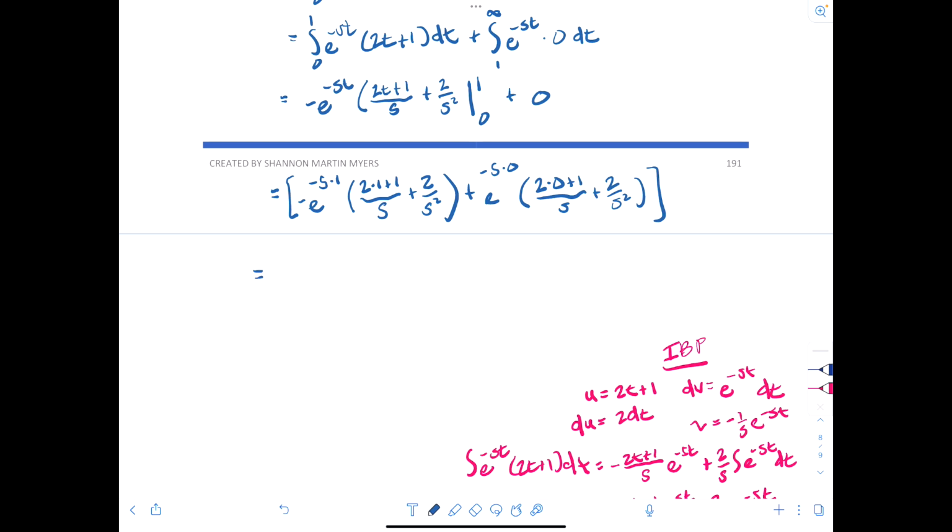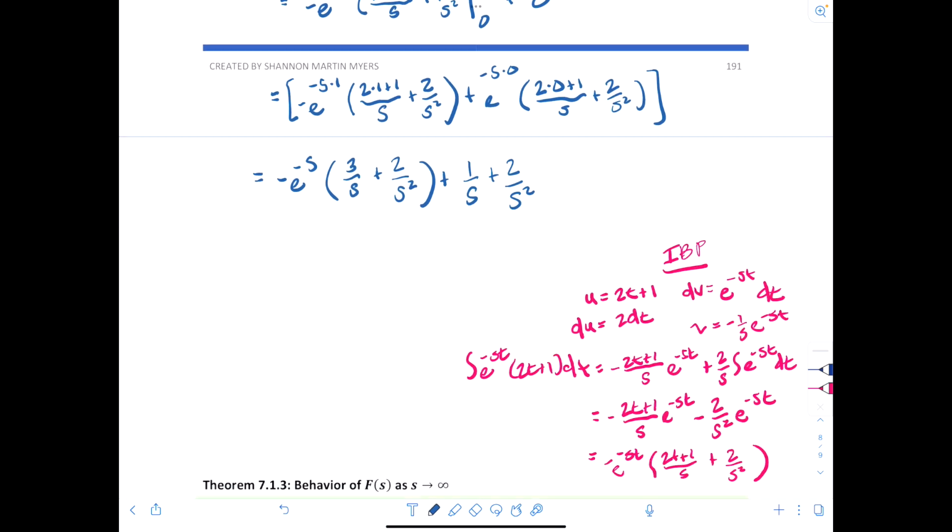And then that's going to give us negative e to the negative s times (3 over s plus 2 over s squared) plus 1 times (1 over s plus 2 over s squared).